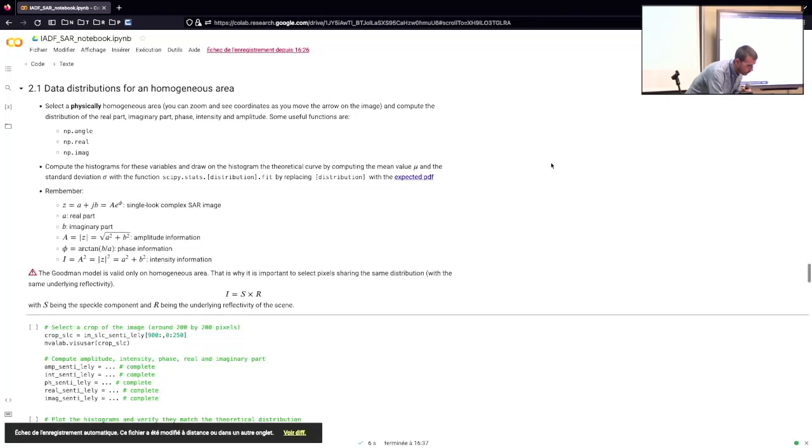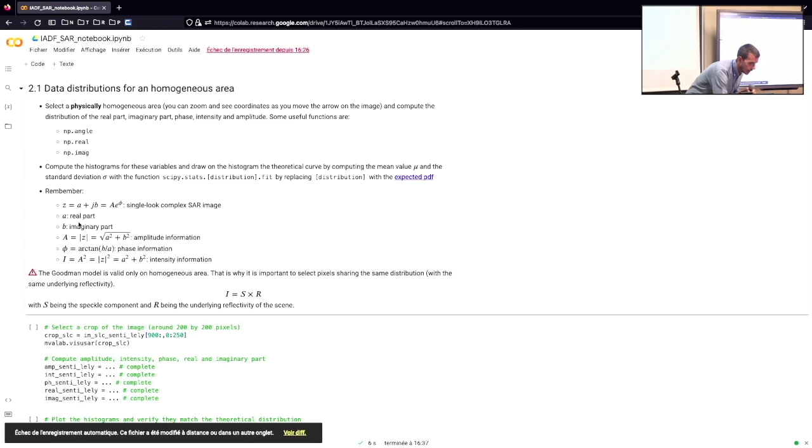I am recalling here that we are dealing with a single look complex SAR image. So we have a complex value in each pixel. This complex value can be expressed either as the complex sum of the real part and the imaginary part, or as the product of the amplitude and the exponential of j times the phase.